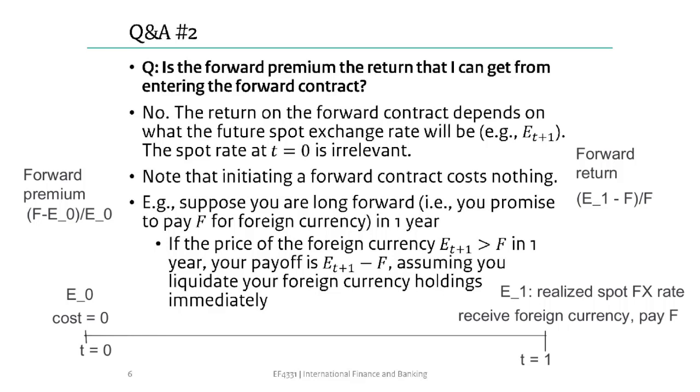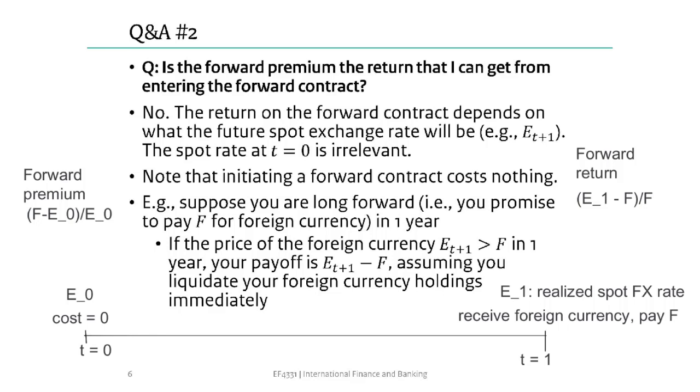I can make a positive return if the future price of the underlying asset exceeds the price I promised to pay today, as reflected by the forward price, right, the future price. So therefore, my return is not based on today's spot price, but the realized spot price sometime in the future. So to answer this person's question, who is asking whether the forward premium is a return: it is not.